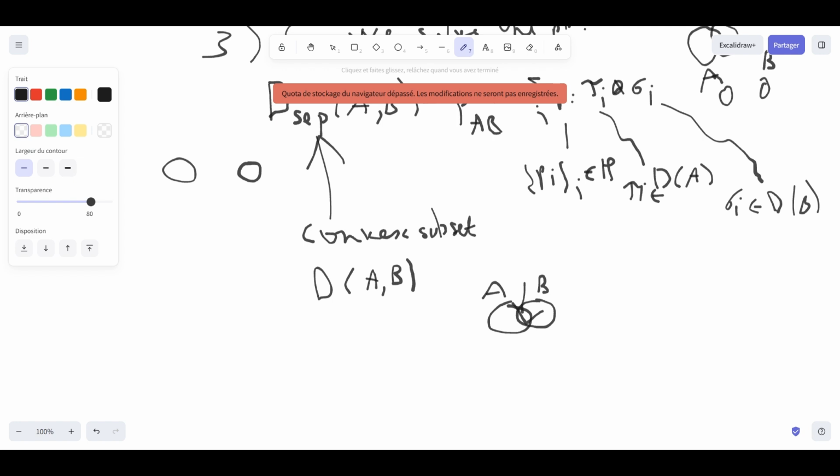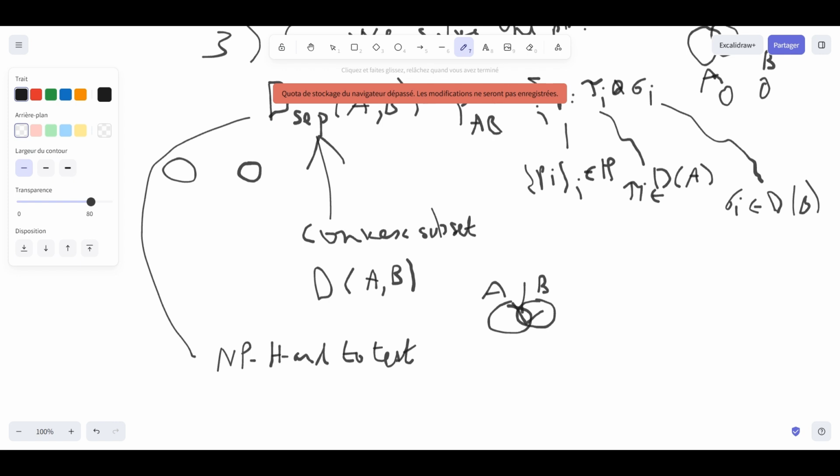But when you test this separability, it is NP-hard, like for membership testing. P and NP are complexity classes for algorithms.